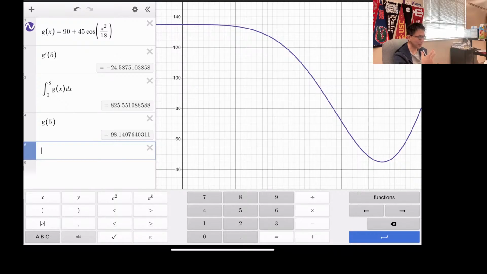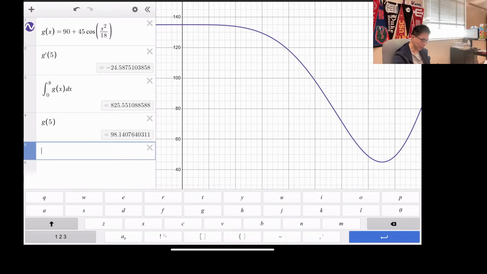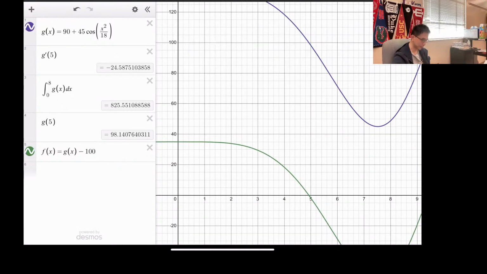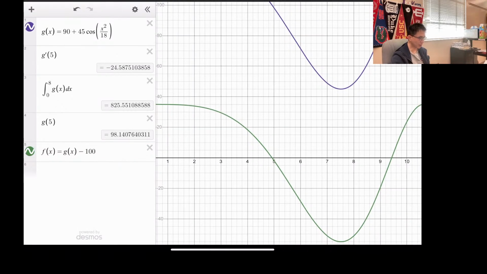What is the net? In minus out. So I'm graphing another function. I'm going to say f of x is equal to g of x minus 500 minus 100. So this is the graph I'm interested in, not the graph on the top. This is called the net graph.